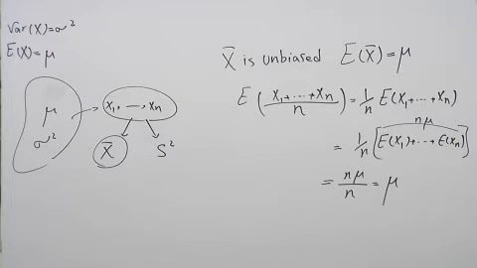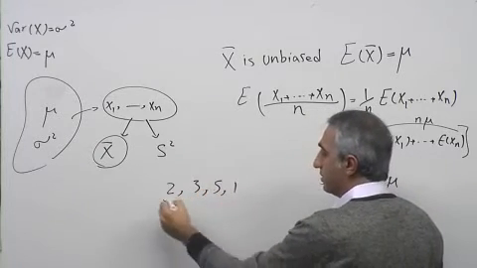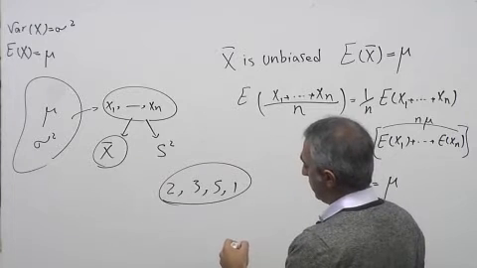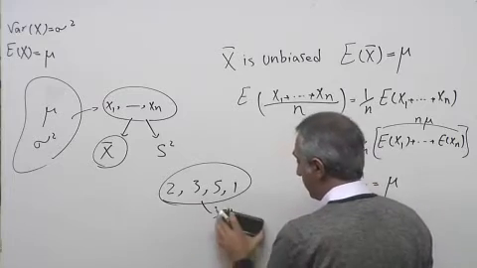Any questions? So what does it mean in practice? It means when you have a point estimate, if you have an actual sample with numbers, it doesn't mean that that number is exactly mu. So if you have actual numbers, let's say 2, 3, 5, 1, the average would be, what is the average? 11 divided by 4, 2.75.